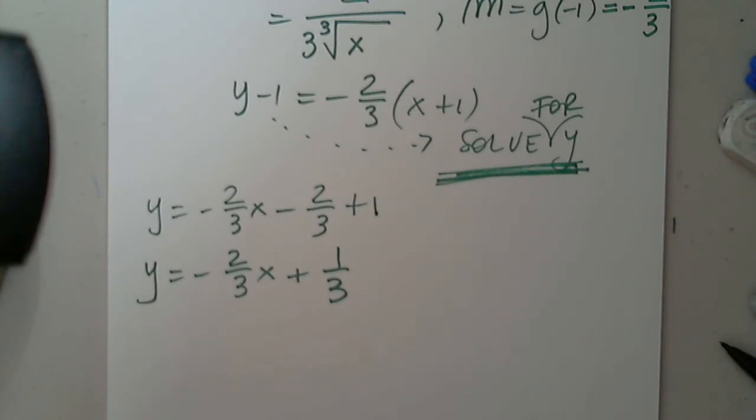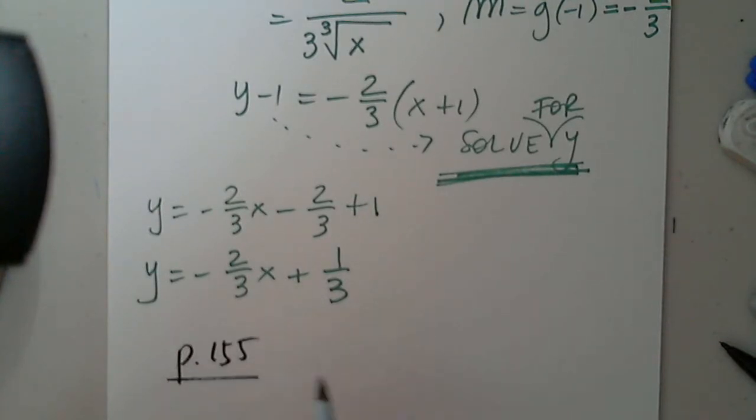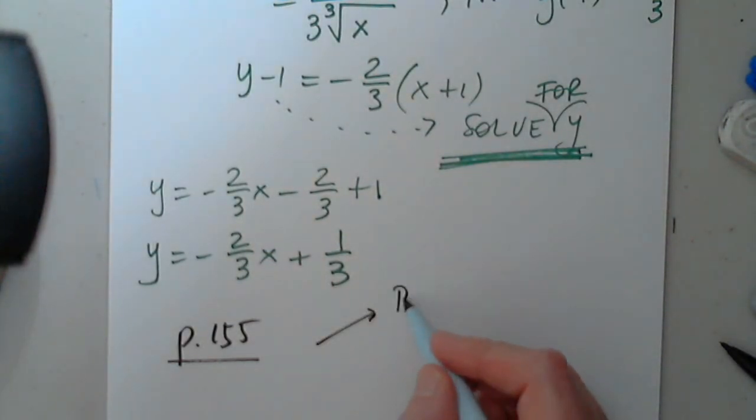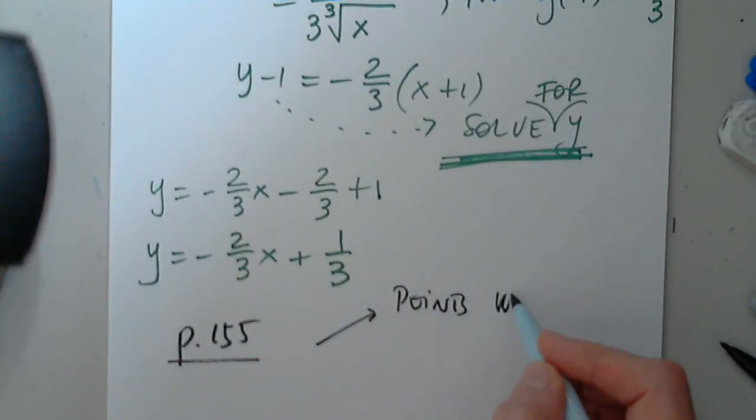On page 155, we have questions like, find the points on the graph where the tangent line is horizontal.